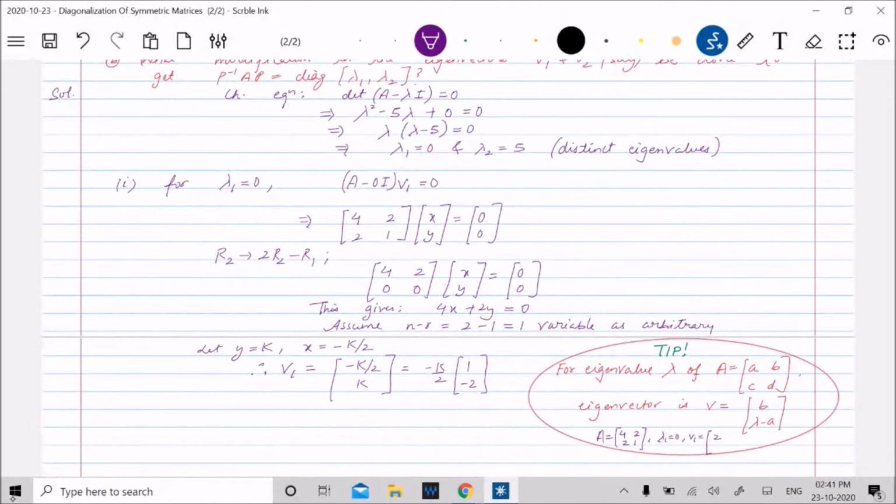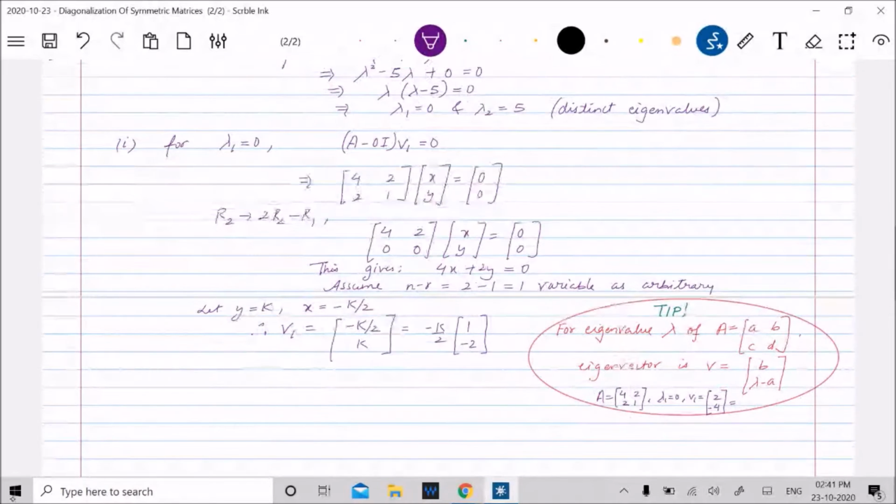B is 2, and 0 minus A will give you -4. And you can always take 2 common from here, and inside the bracket you will be having 1 and -2. You see that this is the same as this one.